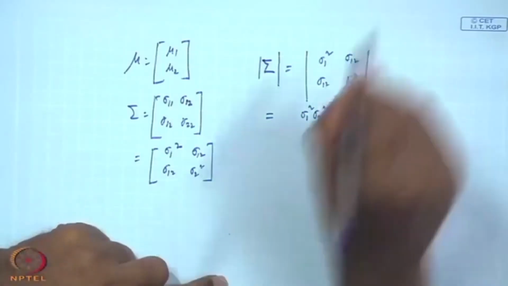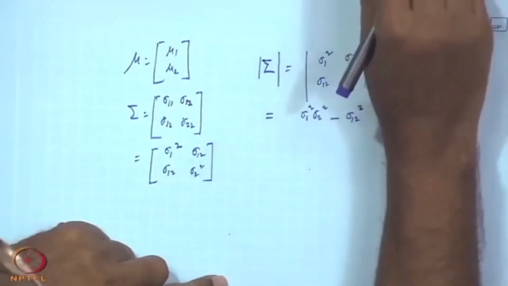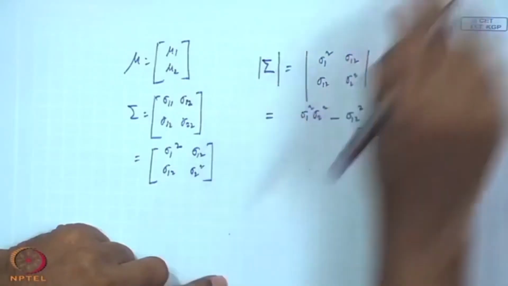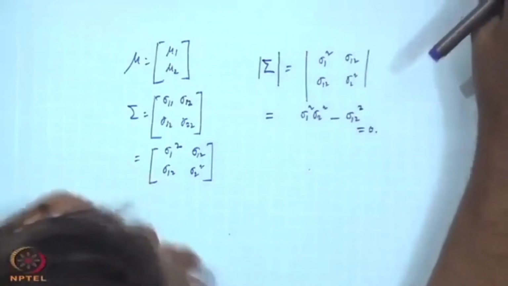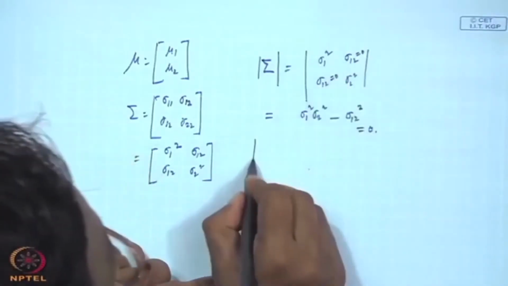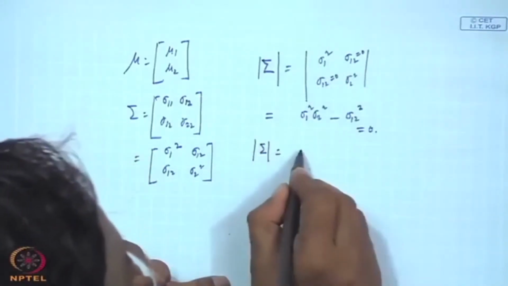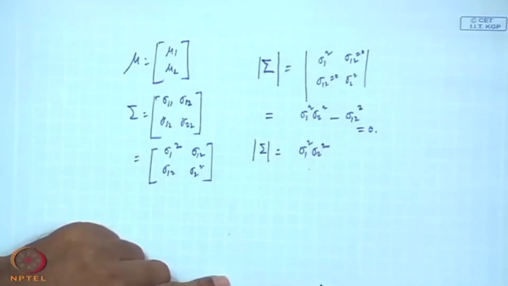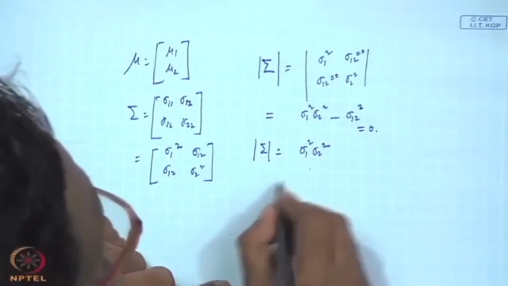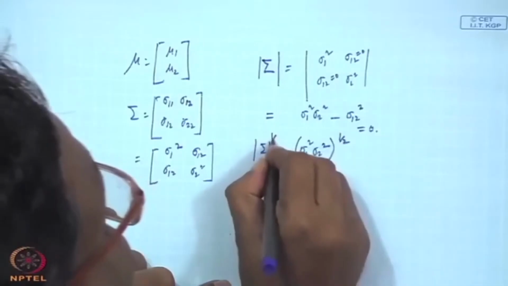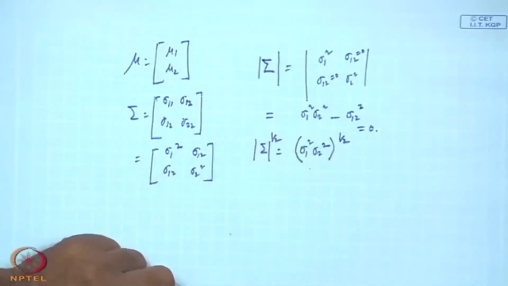Now, you see that in the earlier demonstration, we assumed sigma 1 2 equal to 0, just for the sake of simplicity. So, if sigma 1 2 equal to 0, then the determinant of sigma is nothing but sigma 1 square, sigma 2 square. If I take the square root of this, then this is the square root of the determinant.